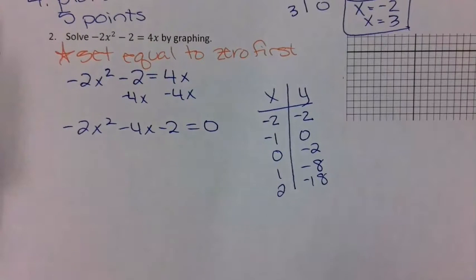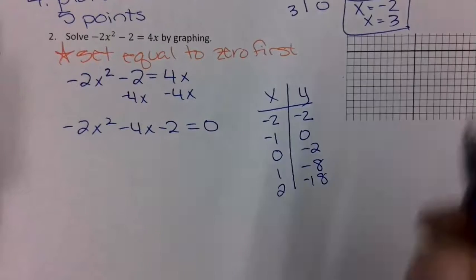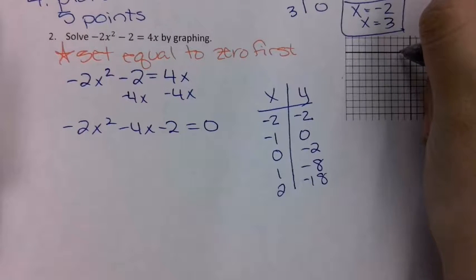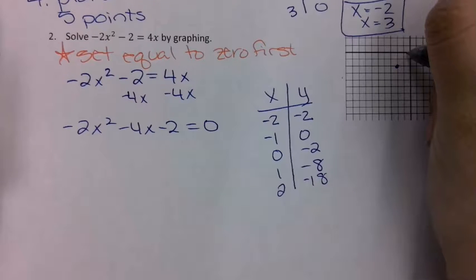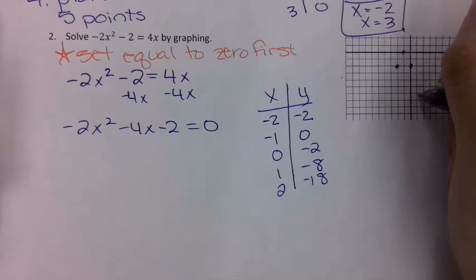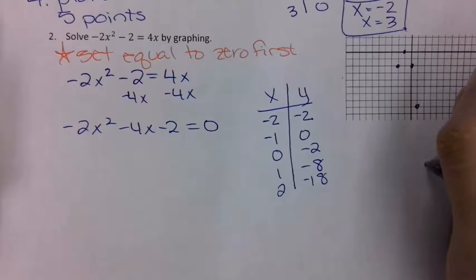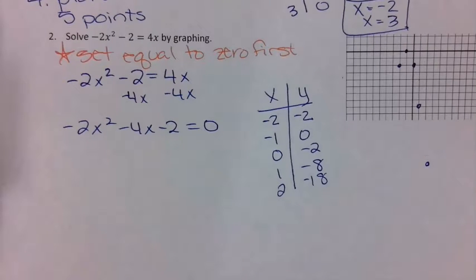Okay, so I wrote down my points. I'm going to go plot these. It'll be off the graph. So then -18 would be off the graph right there.